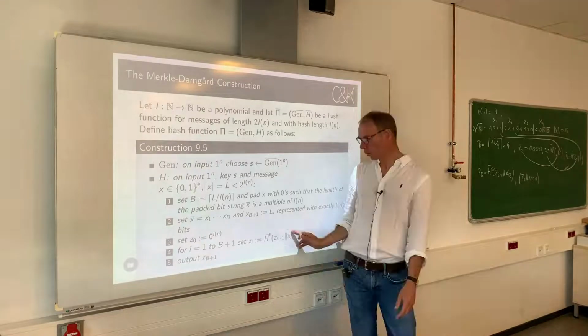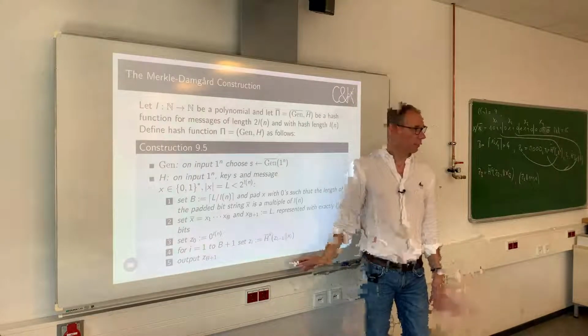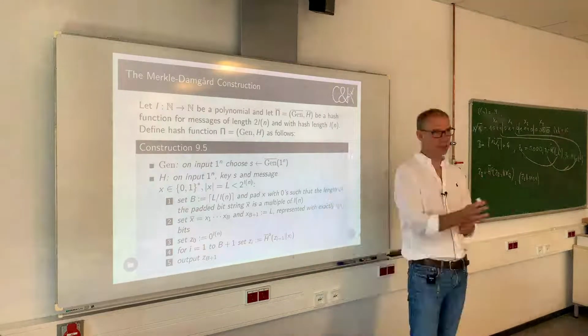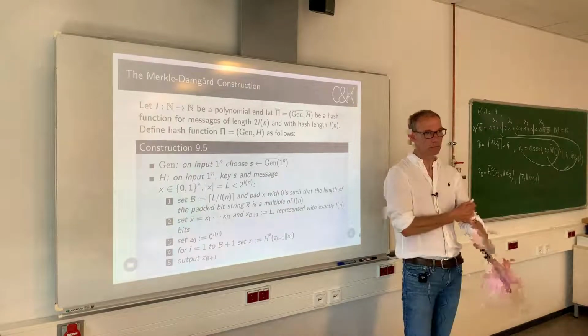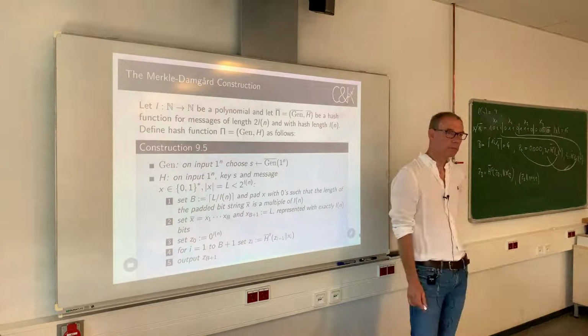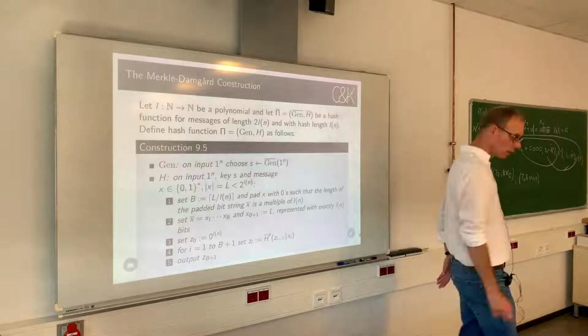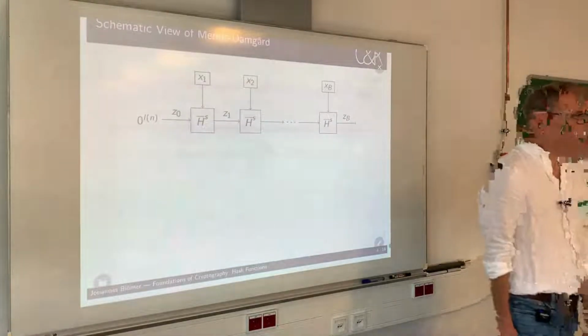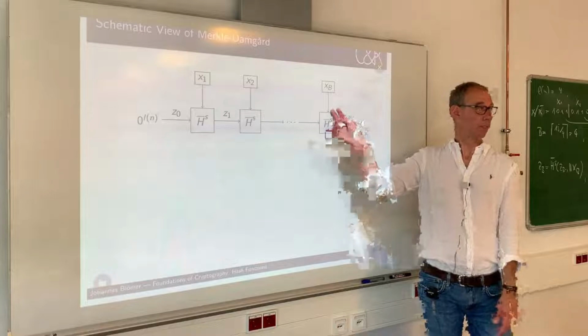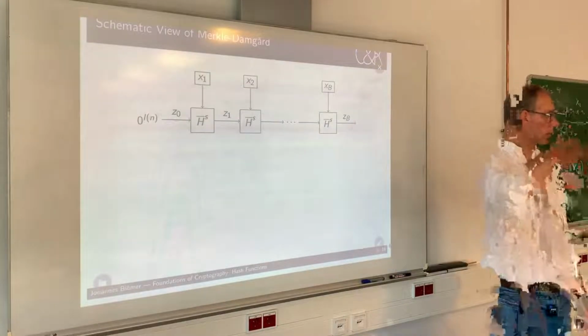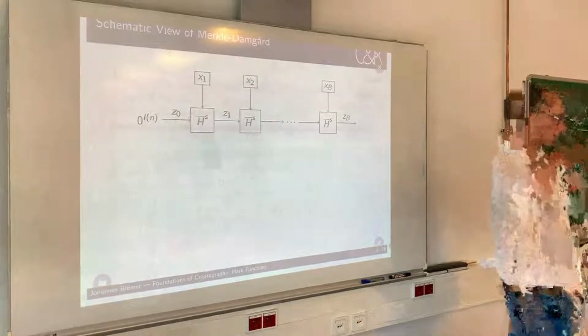And then I include the length, again filled up with leading zeros, and that's it. The construction is very similar, except that you have a B plus first block that is appropriately defined.